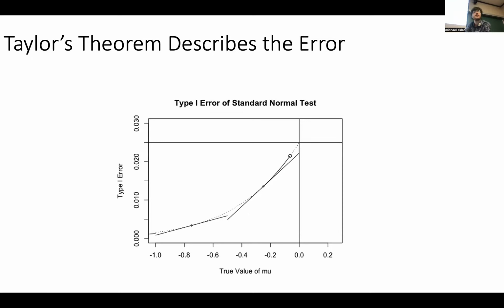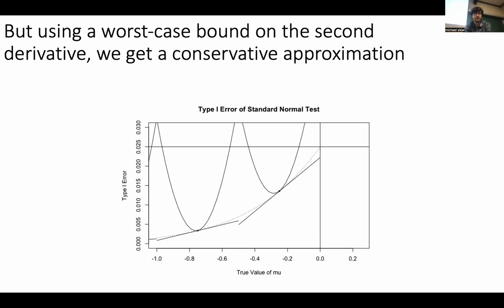But the error on that first order approximation, we can describe by Taylor's theorem. So if we had some bound on the second derivative of this type 1 error function, we should be getting a conservative approximation. Now, this is not a particularly good one.